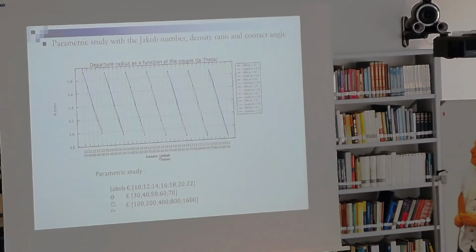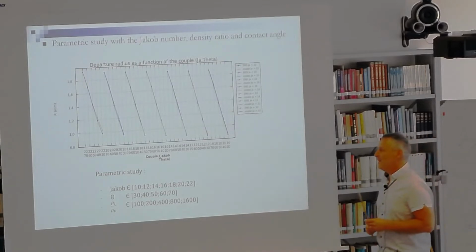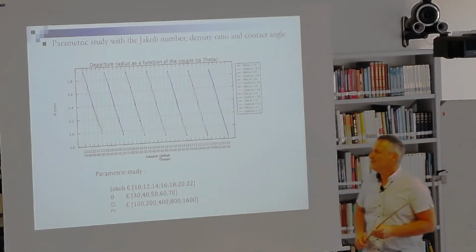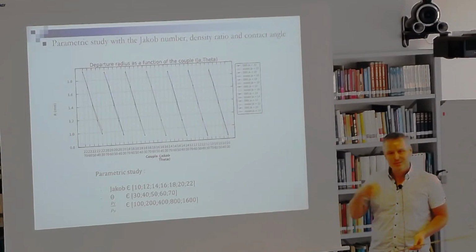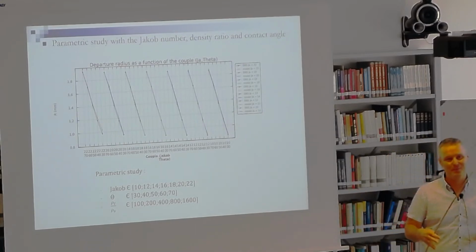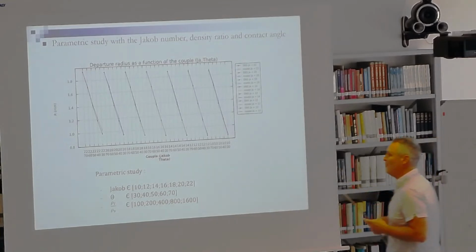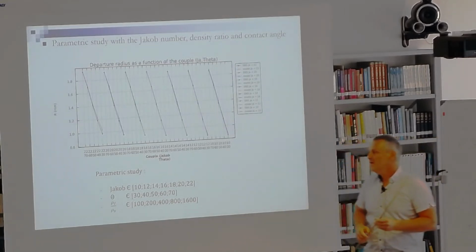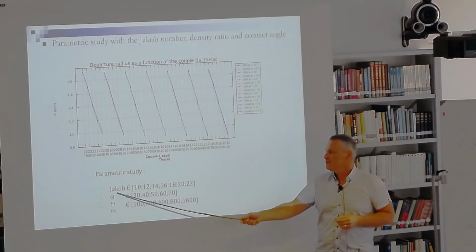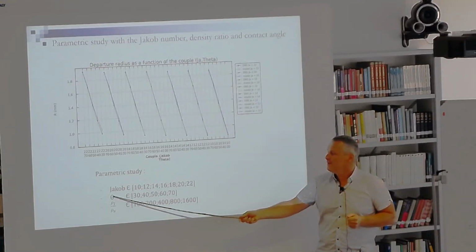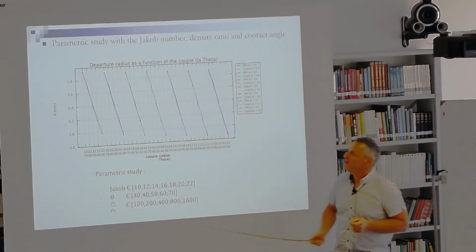On the other hand, the difficulty is that the value of our plateau depends on many parameters. So we need to do a simulation for each parameter of a large range of parameters to then extrapolate and define some law integrating the variation of the Jacob number, of the contact angle, of the density ratio.